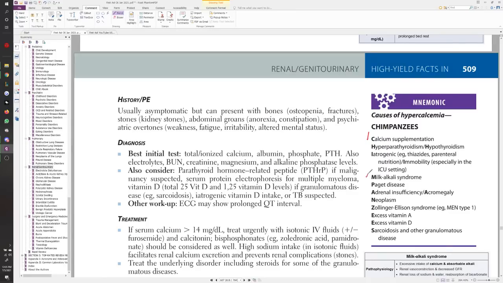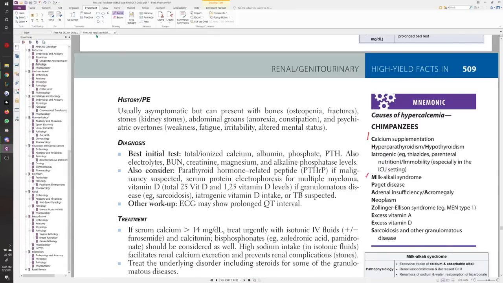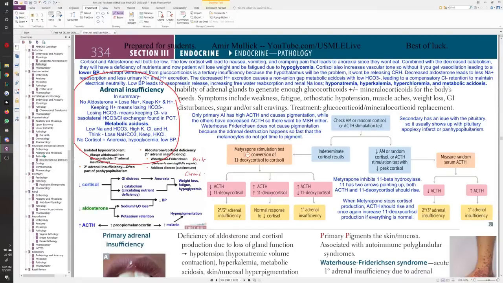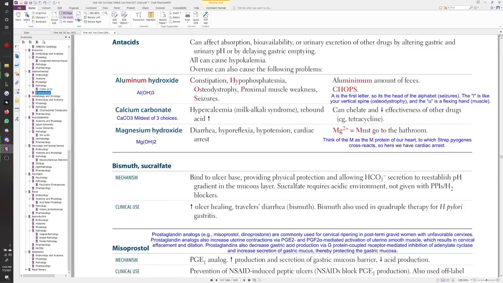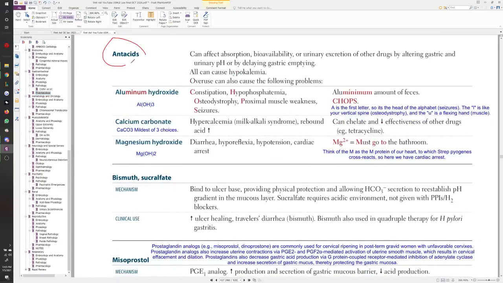This is usually going to be a person who's taking one very specific thing. You're going to get a question about a person who started taking antacids because of their heartburn, and the one they're taking is calcium carbonate. If they're taking calcium carbonate, they get hypercalcemia, which causes milk alkali syndrome.